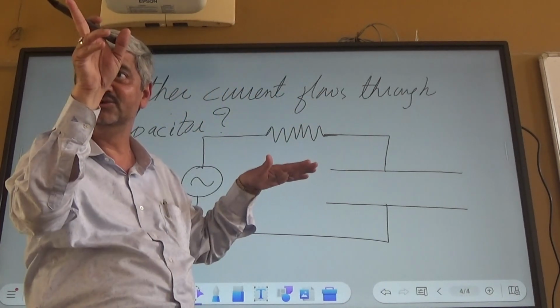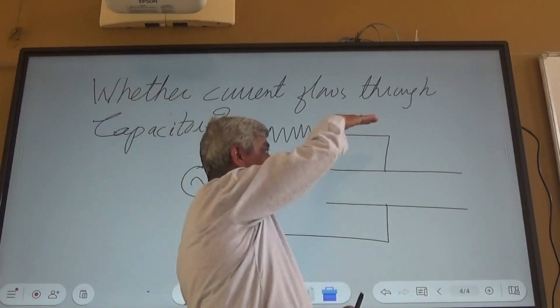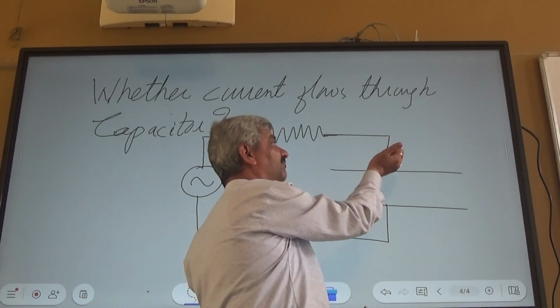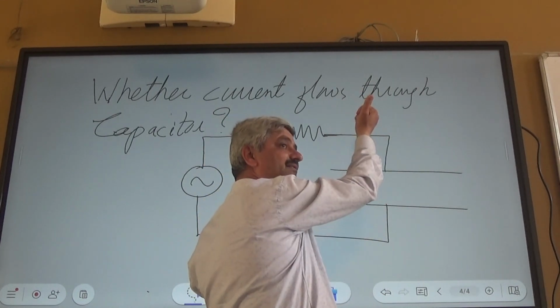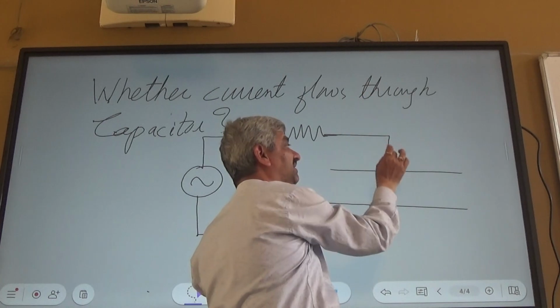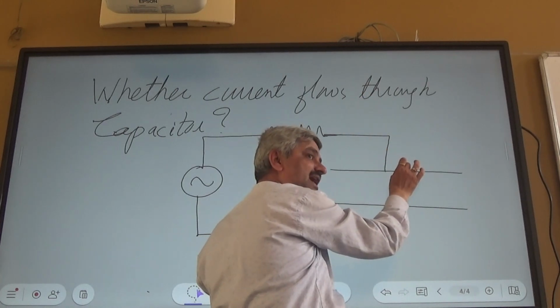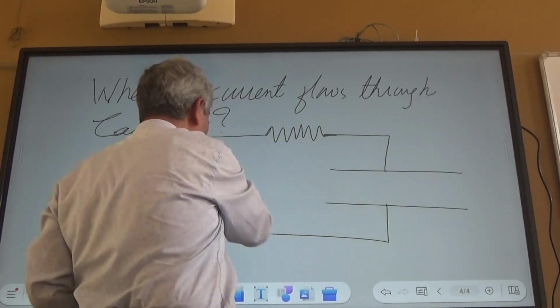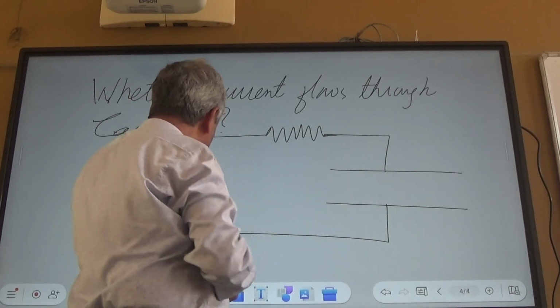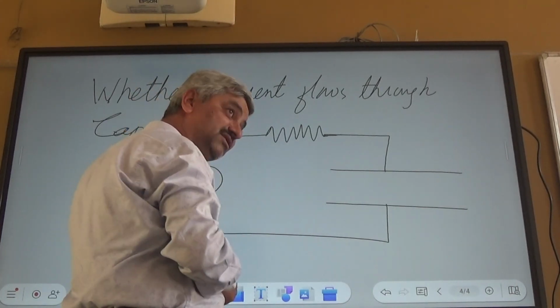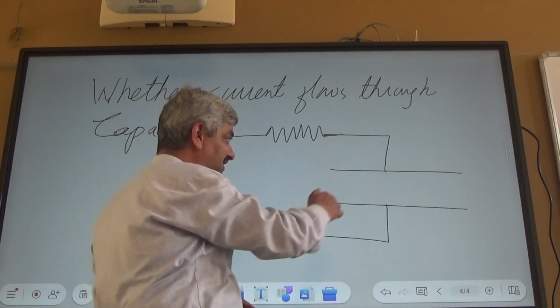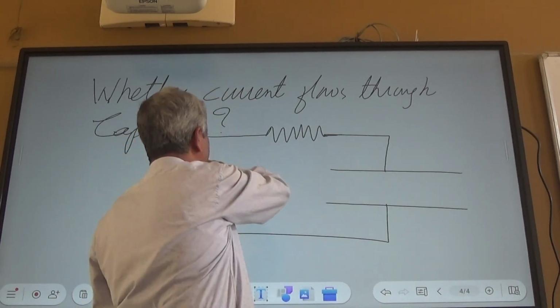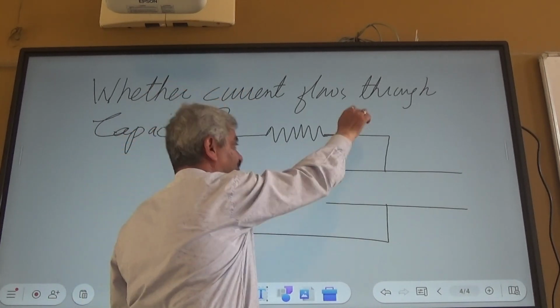Are you getting me? So electrons get drifted away for some time, making this plate negatively charged. At the same time, from the other end, this is negative, this is positive.